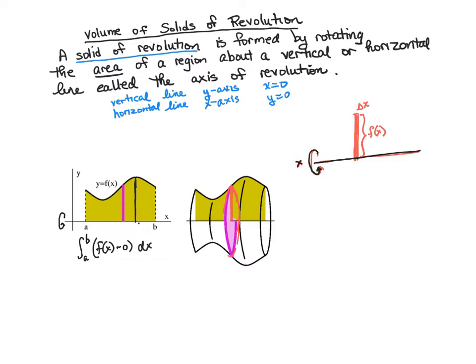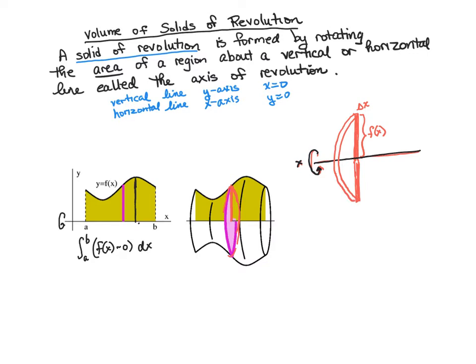So this rectangle will swing around. First, I'm going to reflect it down as a guide. That's its reflection. But the top will swing around out toward us, and this edge would swing around out toward us.